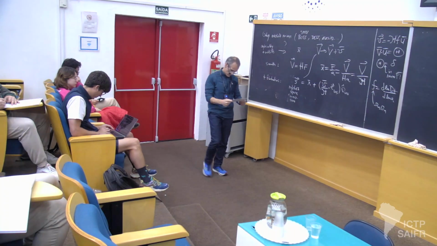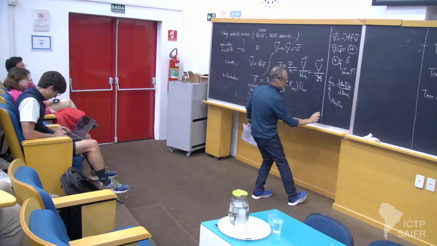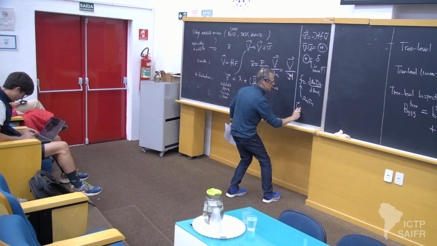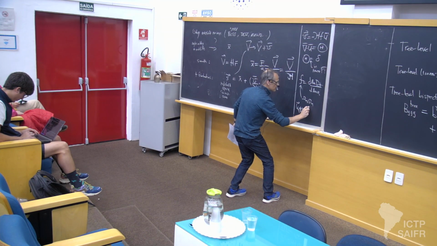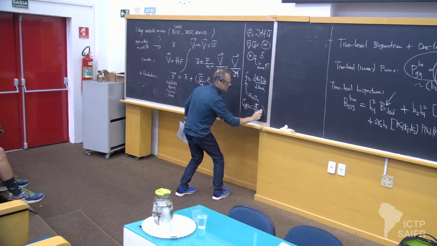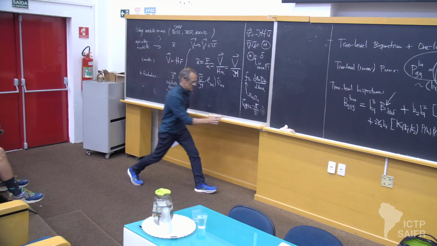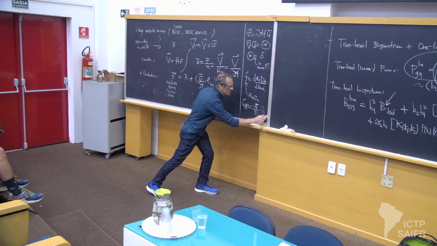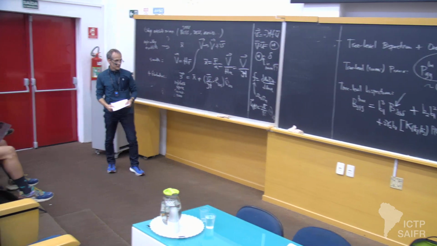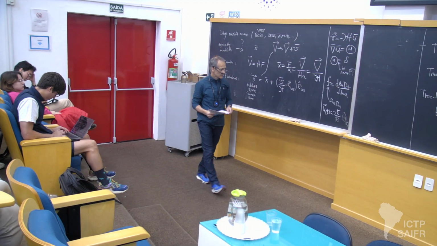Okay? And remember, we're going to assume the velocity field is irrotational. So it only has a scalar mode, no vorticity, which is an excellent approximation for the scales we are working at. Okay?